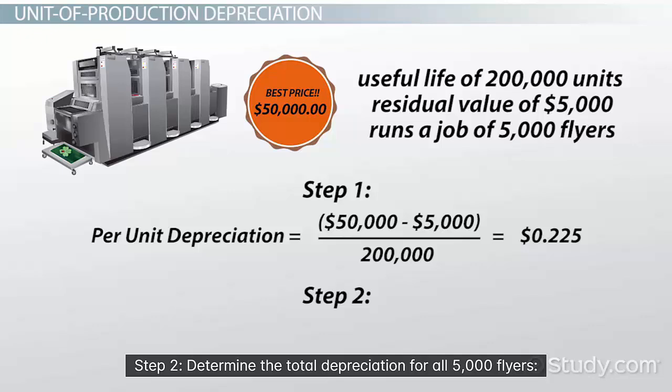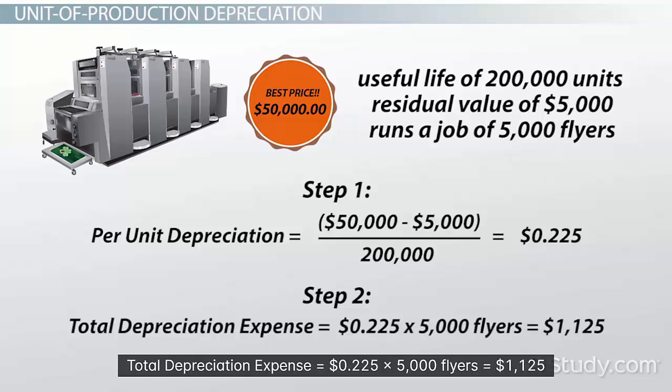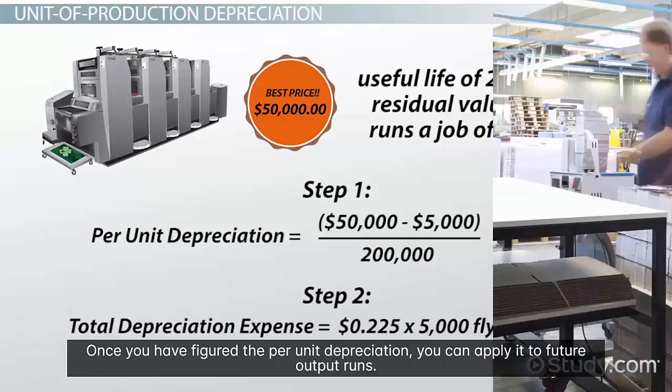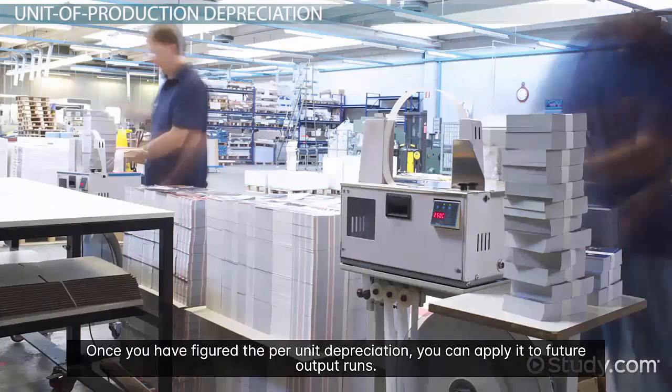Step 2. Determine the total depreciation for all 5,000 flyers. Total depreciation expense equals $0.225 times 5,000 flyers equals $1,125.